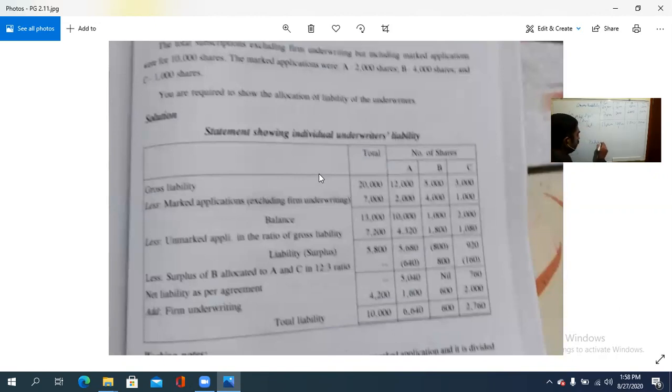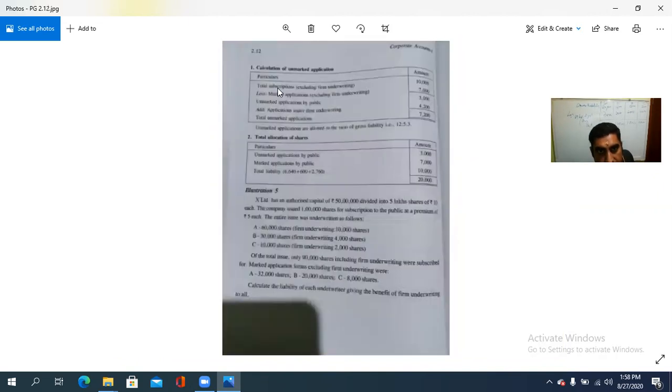Total of underwriting shares. A total of marked application. See, total subscription excluding the underwriter. Okay, total subscription excluding what?